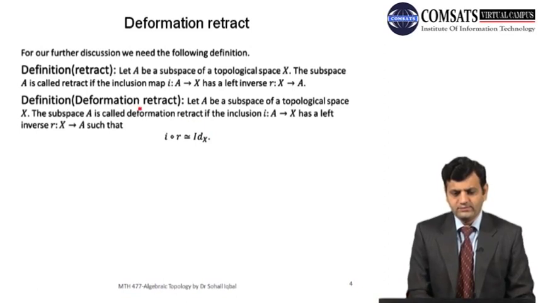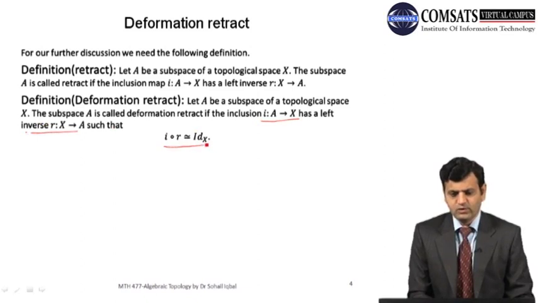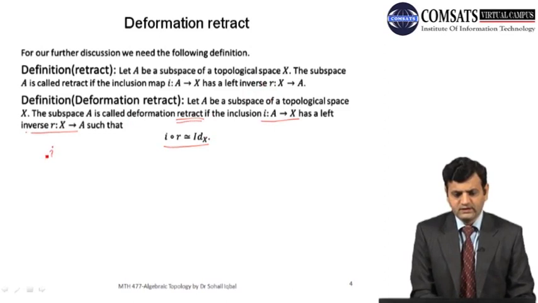Now, what is deformation retract? So a subspace A of topological space X is called deformation retract if the inclusion map has left inverse such that this is homotopic to the identity of X. So the condition retract comes with the condition that R composition I is equal to the identity of A. So this is already included in the definition of deformation retract.